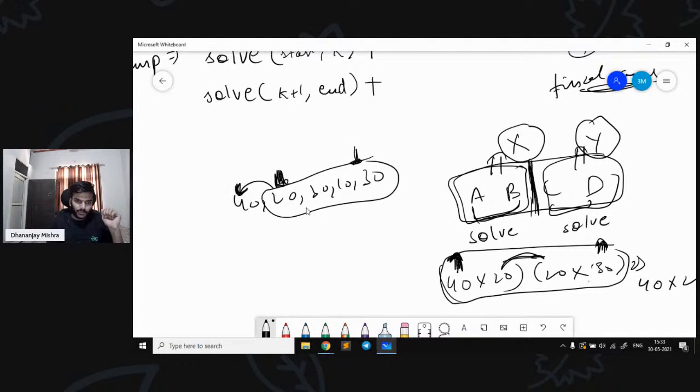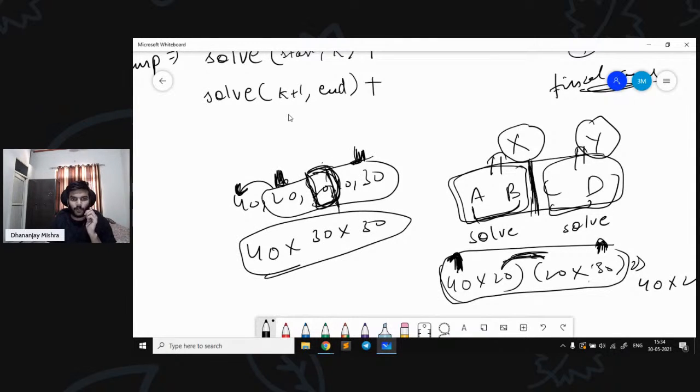I will take the dimension at the start, the dimension at the kth index, and the end one. I hope it is clear, because you can analyze it from here: this was our start and end and the kth one. So the cost will come out to be 40 into 30 into this 30. That's how we will be taking the cost of this.